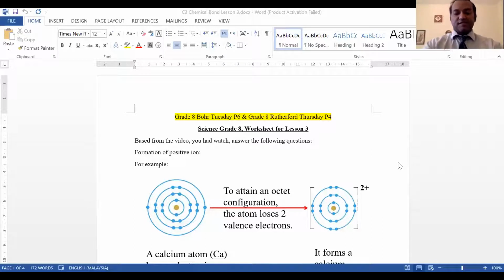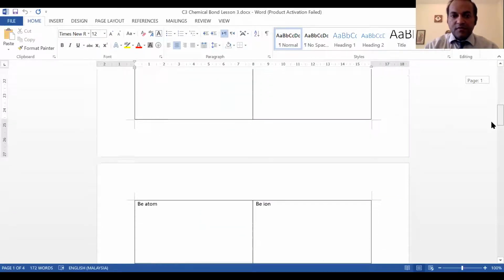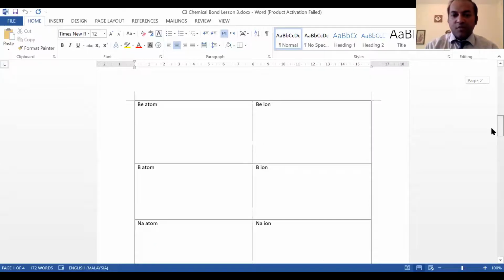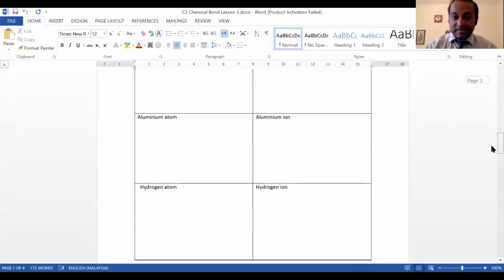In the previous assignment, you were given this worksheet to draw the ions. You had a few of them. You drew positive ion, negative ion. I'm just going to take one of them and discuss it with you. I'm going to use, for example, aluminium here.